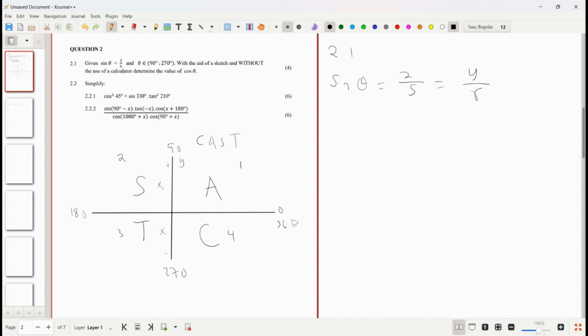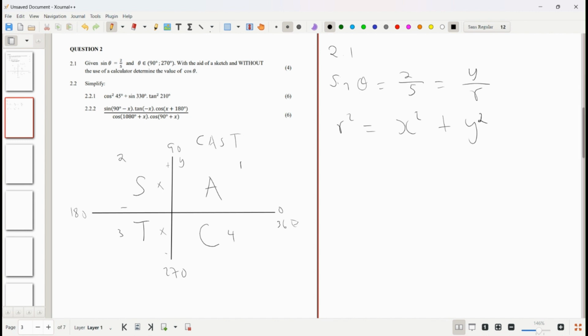So what's left now is to find the value of x, because we know our y, we know our r, and our x is in the second quadrant. We have to be careful here. Our x in the second quadrant is negative, so the answer we get when we calculate x must be negative, right? So how do we get x? We know the relationship between the hypotenuse and x and y through the theorem of Pythagoras.